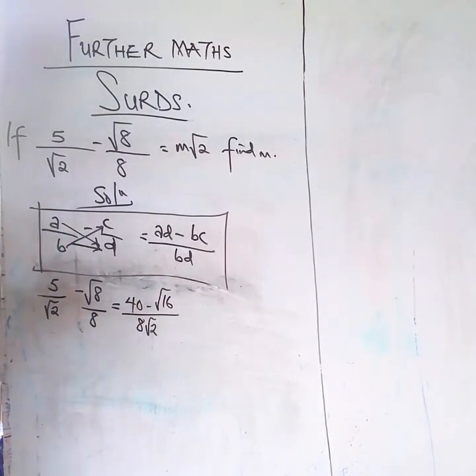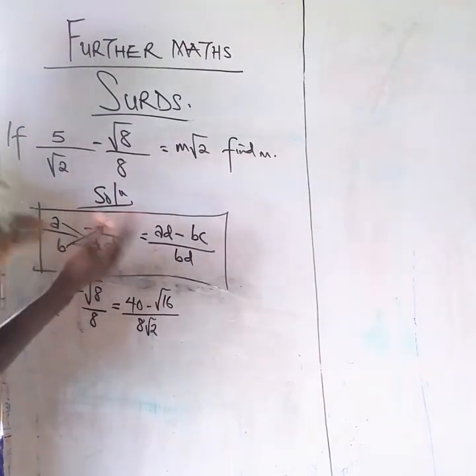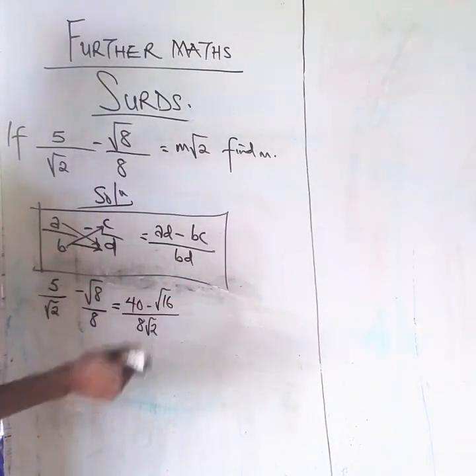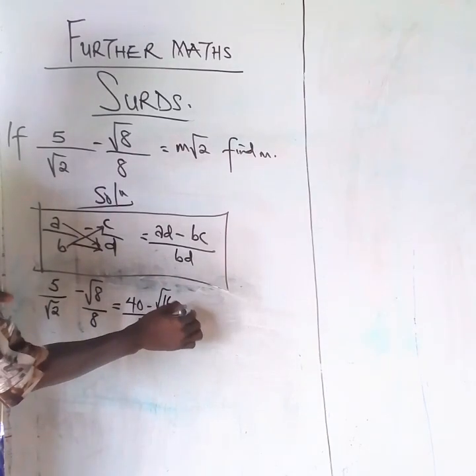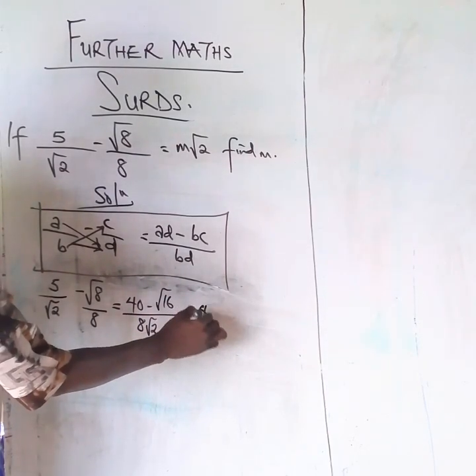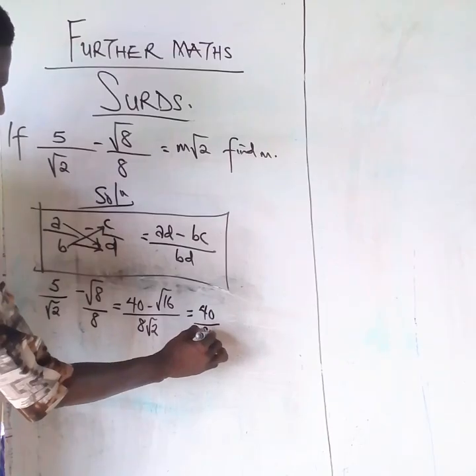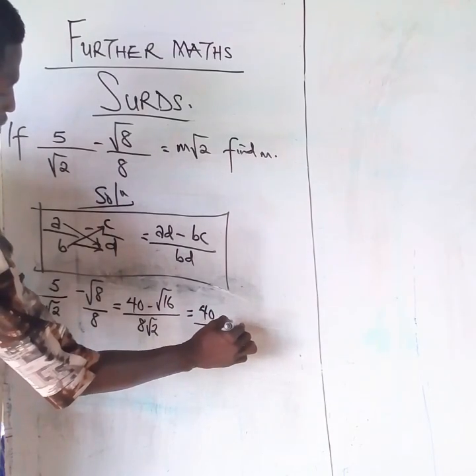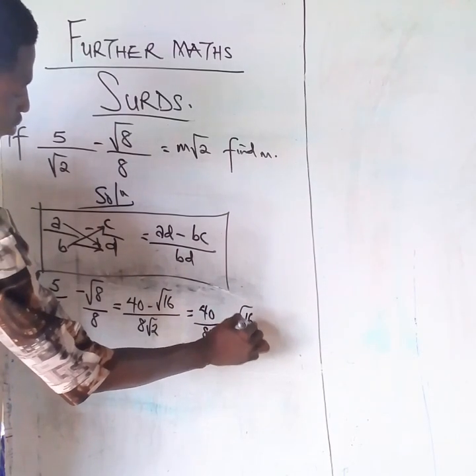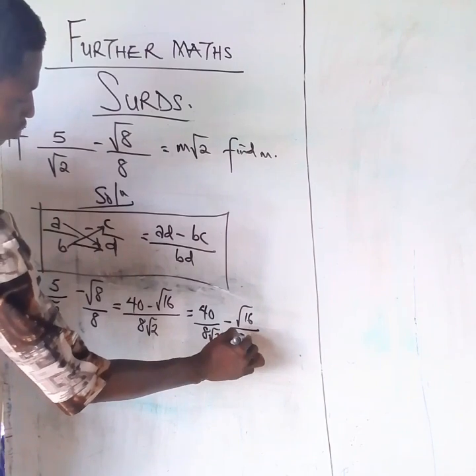Now if you look at it very well, you discover that they all have common factors. So we can actually reduce the question before we start solving. I can break this into two: 40 over 8 root 2 minus root 16 over 8 root 2.